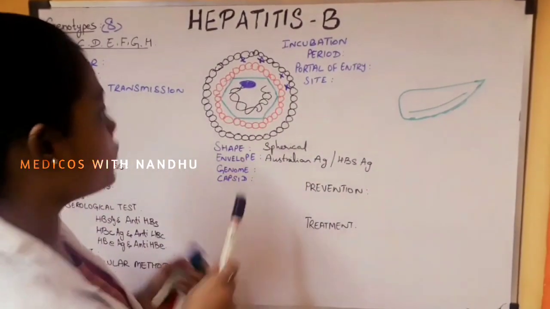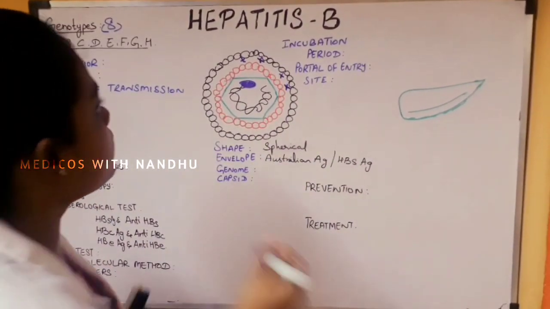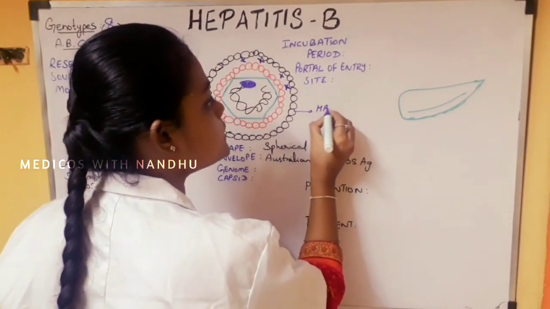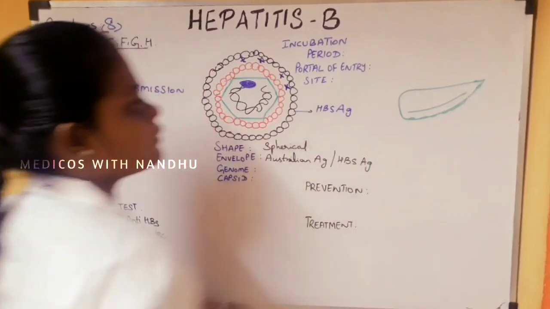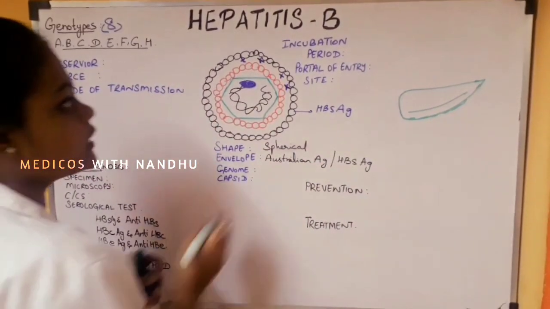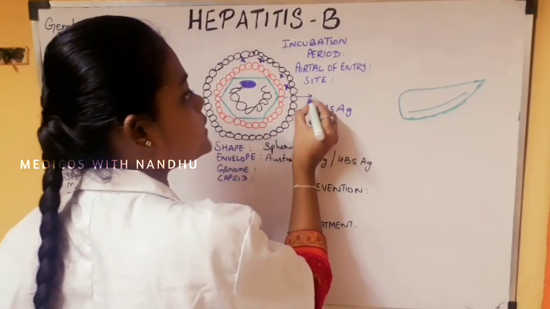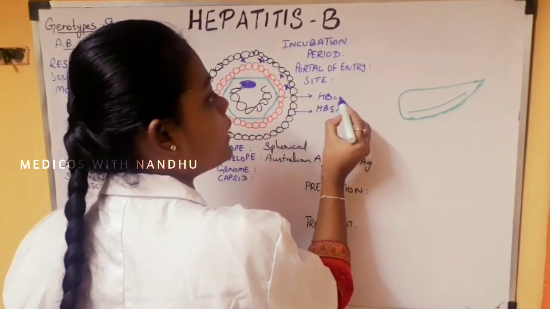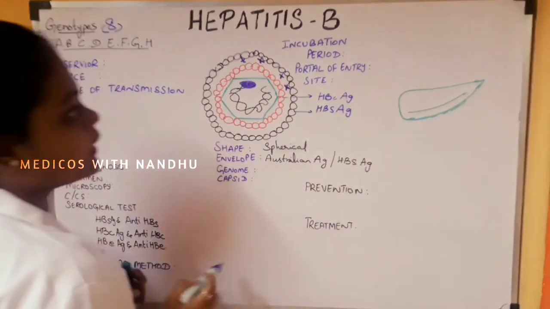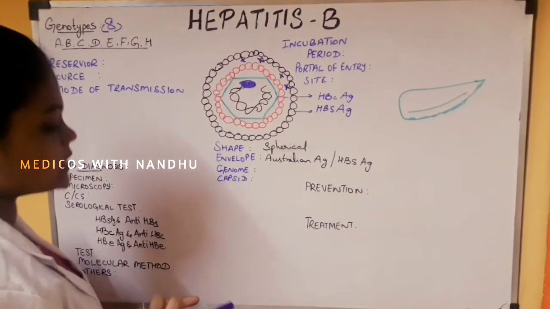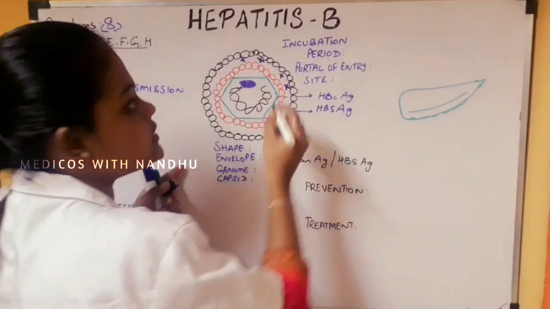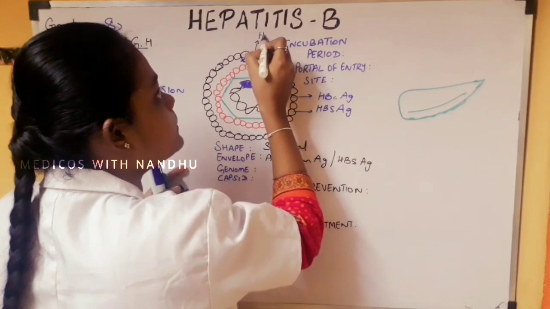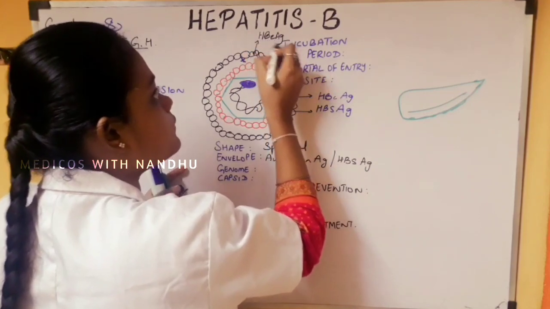Okay, and the structures presented on this board are, first, the hepatitis B surface antigen. Here the red one is the hepatitis B core antigen, and the marking present between the surface antigen is the hepatitis B e antigen.